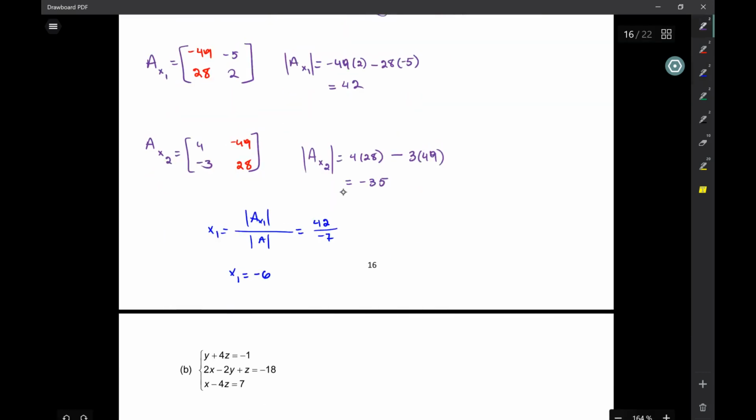And then X2 is the determinant of AX2 over the determinant of A, negative 35 over negative 7, 5. Then that's it, we're done. Negative 6 and 5.